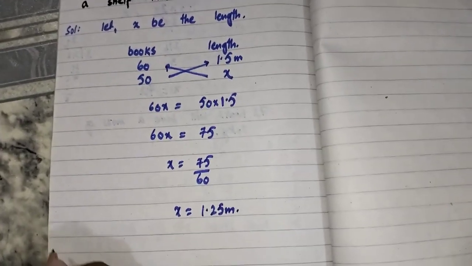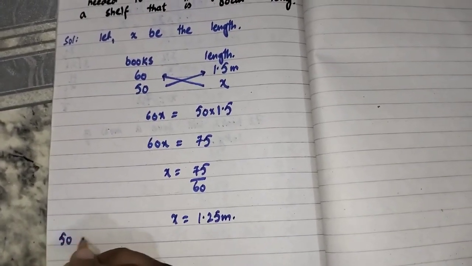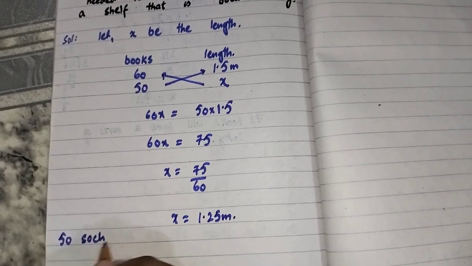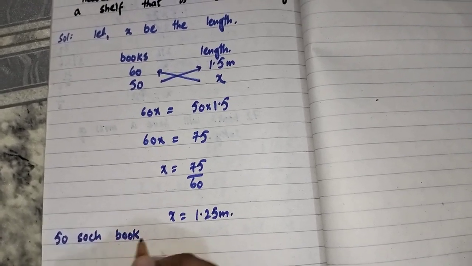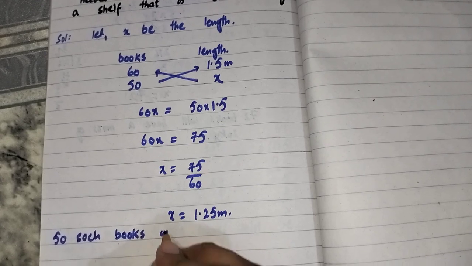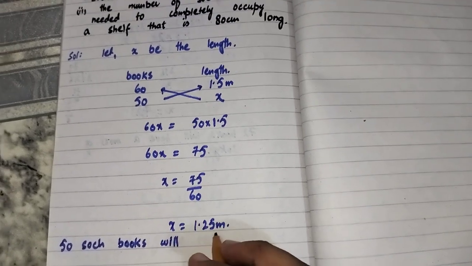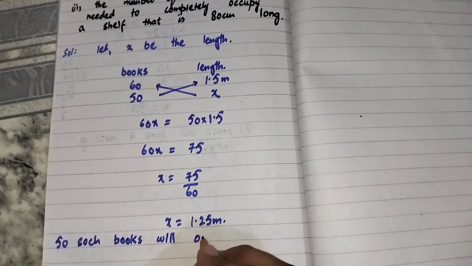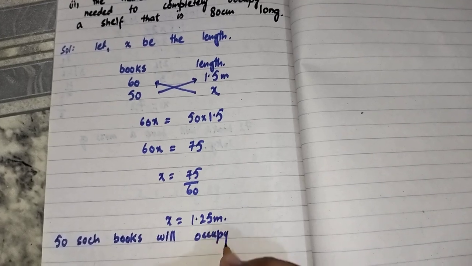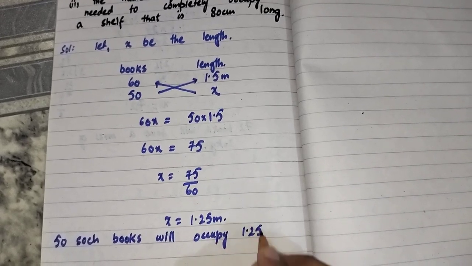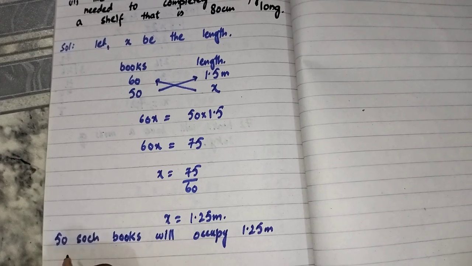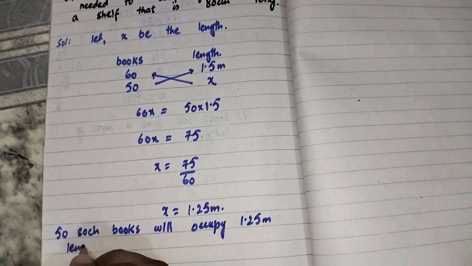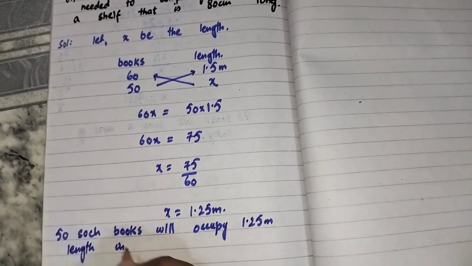It means that 50 such books will occupy 1.25 meter length in the shelf.